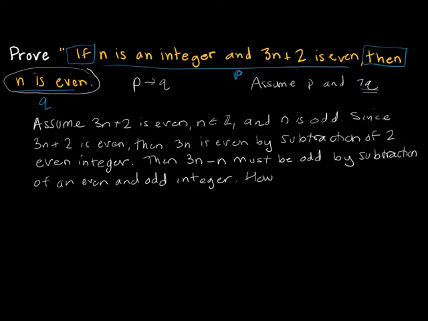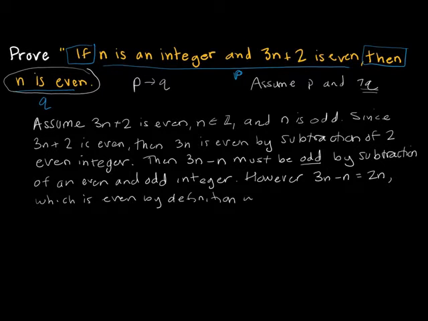However, if we think about what we just said, 3n minus n is equal to 2n, and I just said it's odd, but 3n minus n is 2n, which is even by definition. Which is a contradiction of our original assumptions.